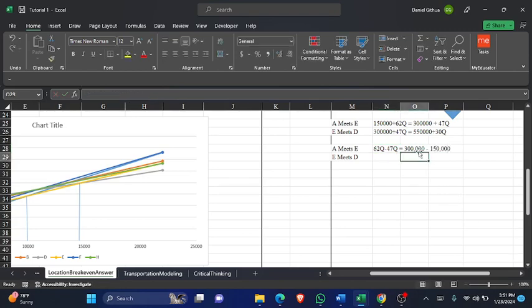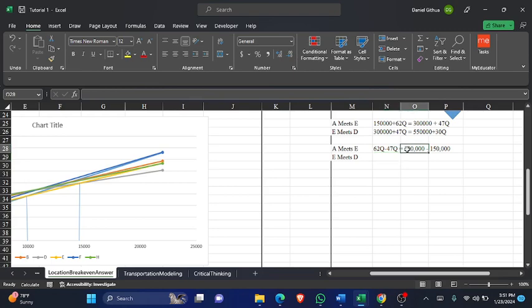We know this will be equal to 62 minus 47 must be equal to 350.